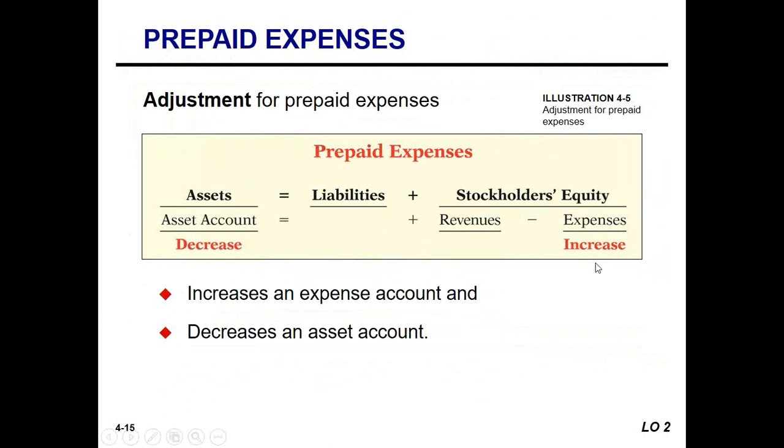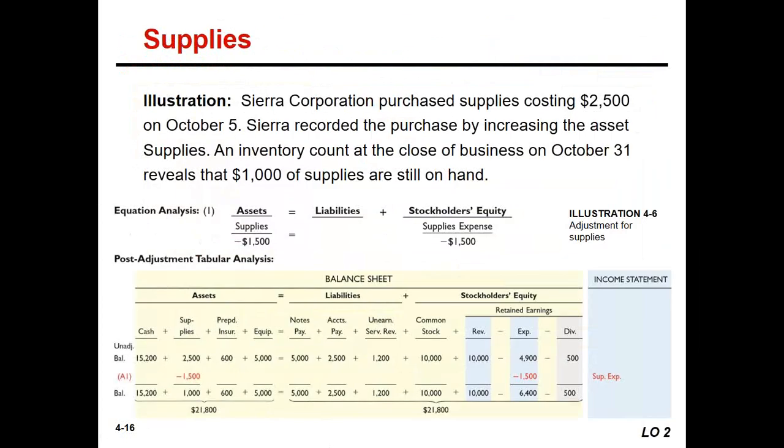So while we're increasing an expense account, that actually decreases stockholders' equity. So we actually have decreases on both sides. Confusing? Yes, I get it.